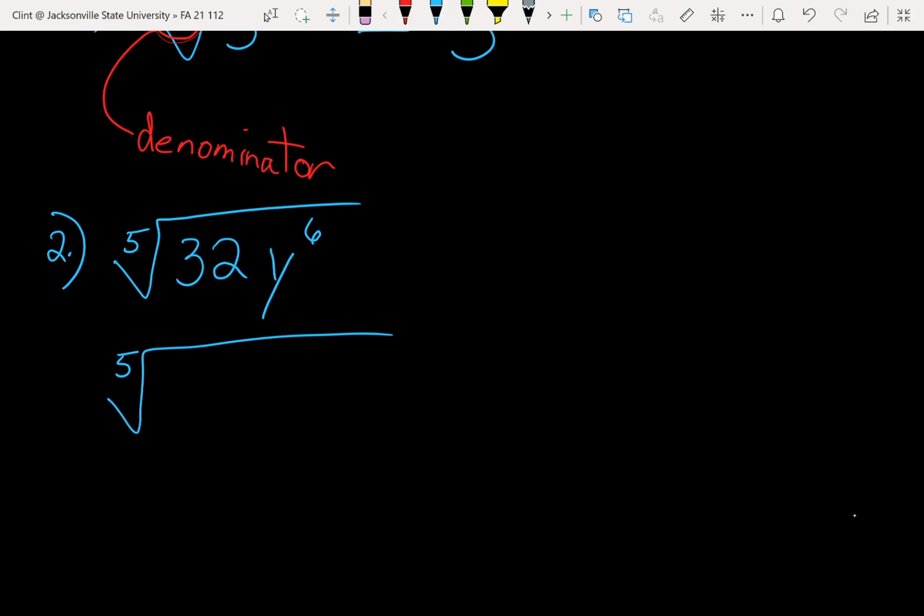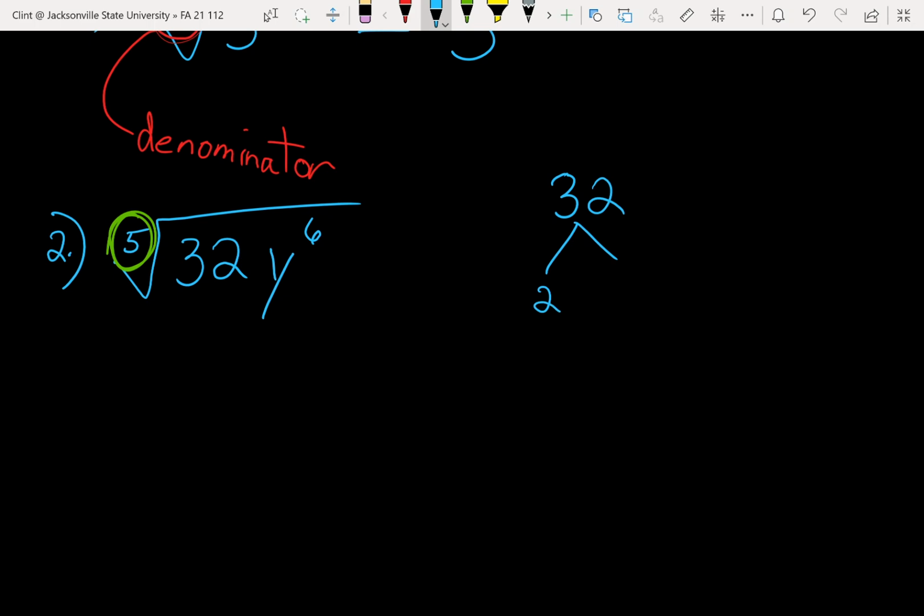What we're looking for is 5 of something. If we have 5 copies of a factor, then we can bring one out of the radical. What I would do on this one is the little factor tree for the number part. 32, that's 2 times 16.